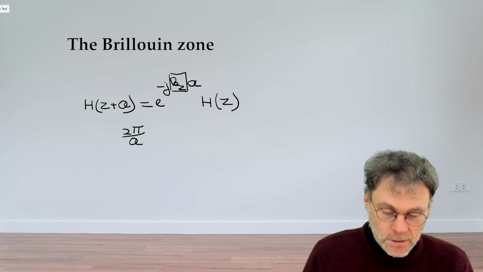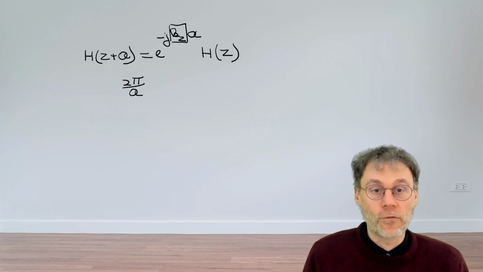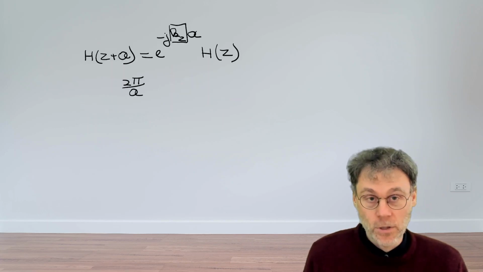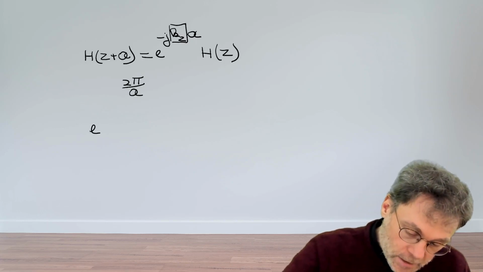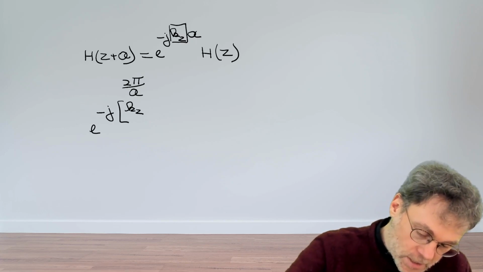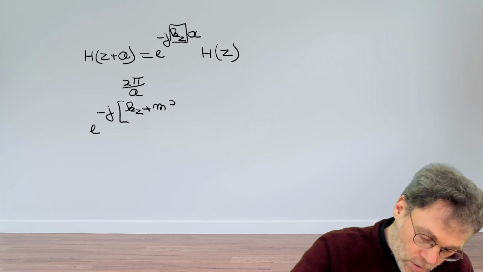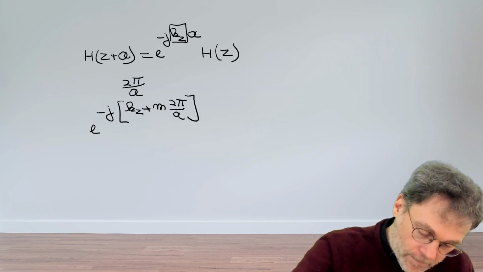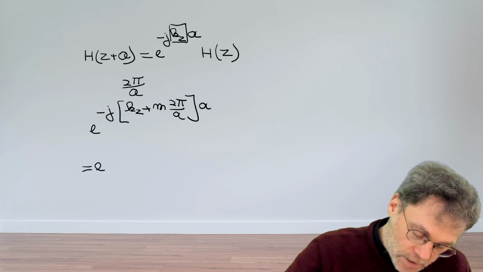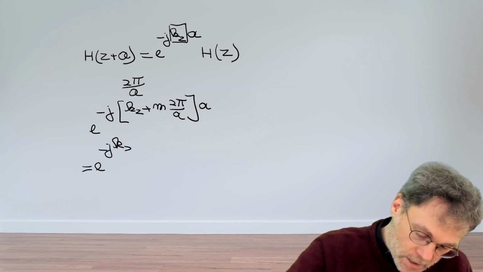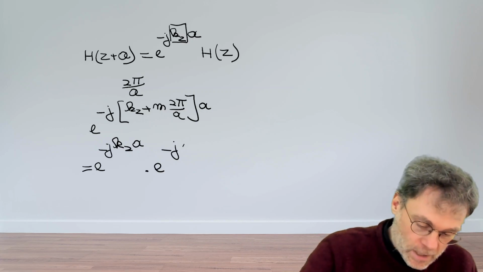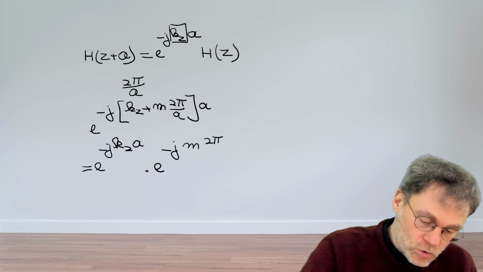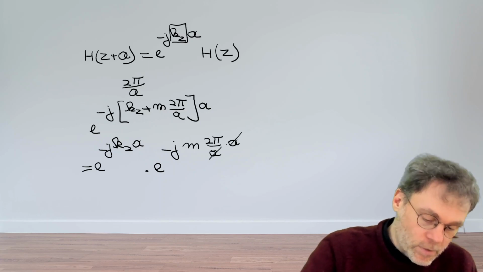So indeed, what happens in our Bloch mode formula if we replace kz by kz plus 2 pi over a, for example, or any integer multiple of 2 pi over a? Then for this phase factor we get exponential minus j, and then we have kz plus integer multiples of 2 pi over a, times a, and that just gives us exponential minus j kz a times exponential minus j, and then we have m times 2 pi over a, times a.